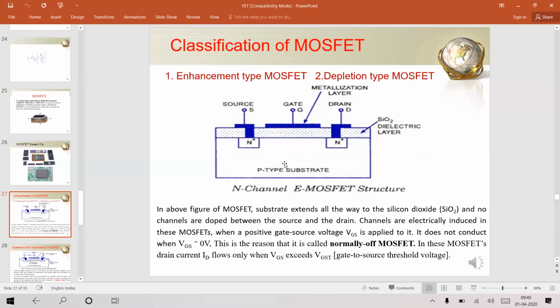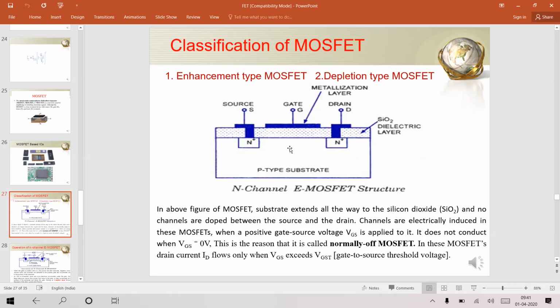But this MOSFET is basically an off-state device. Off-state in the sense, it is not able to conduct when you are trying to turn it on. Only when your gate-source voltage exceeds the threshold of the device, it starts conducting. That's why, even if you check with VGS equal to negative voltage or zero voltage, it won't conduct.